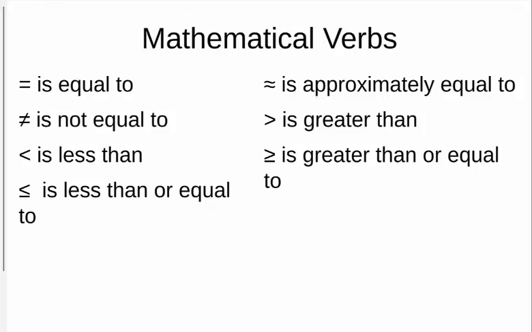Approximately equal to is very rarely used. You use it when something's rounded off. You're saying about, but it's not used too much. Not equal to is usually used when we're restricting something. Like if we have something divided by a number and we want to make sure that whatever makes the denominator 0, it's not equal to that. That's when we'd use it, but we don't use it too often.